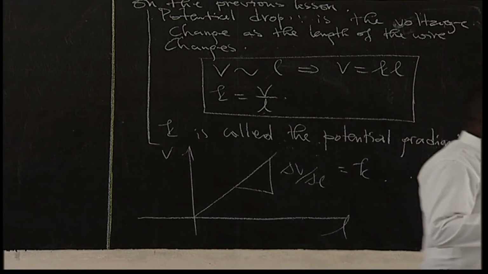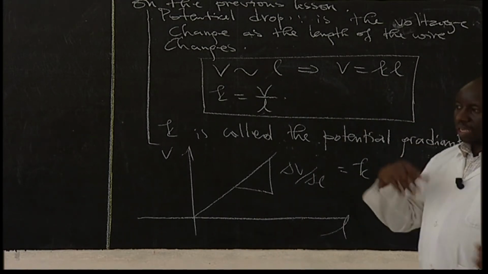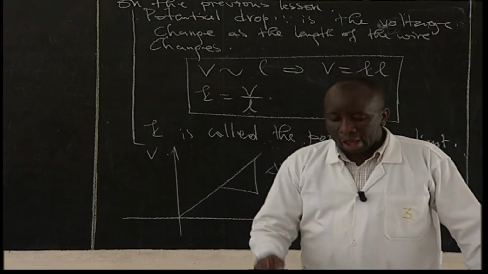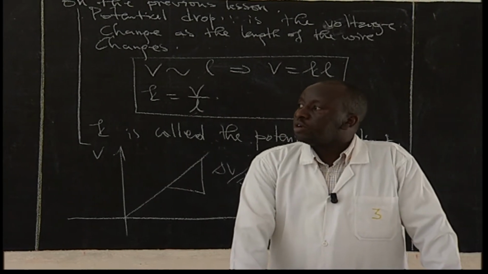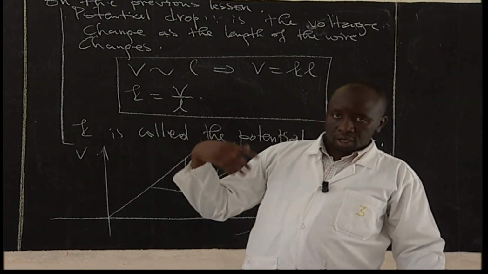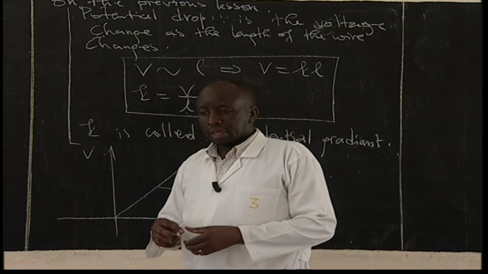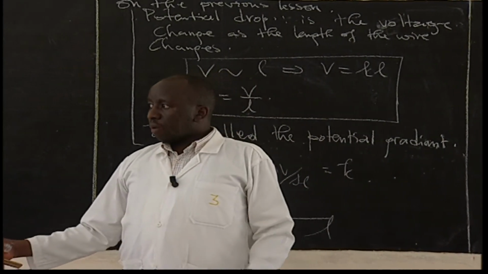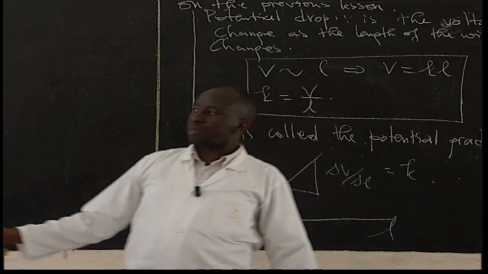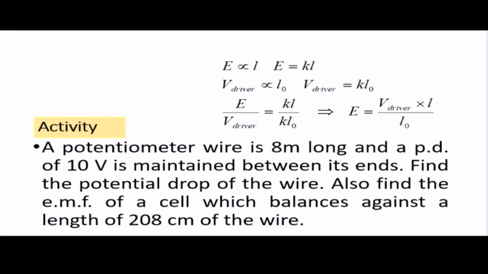Now, as we move, let's do the quick example from what we have discussed within the last lesson. Here we have an activity. So we end up having this expression.